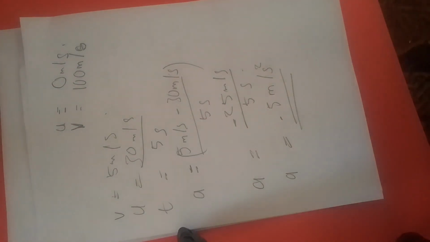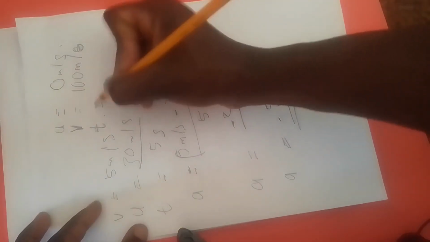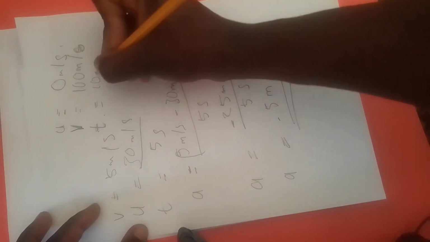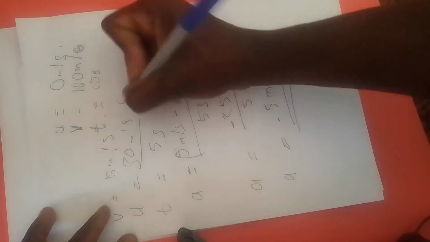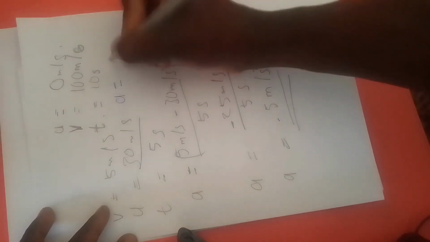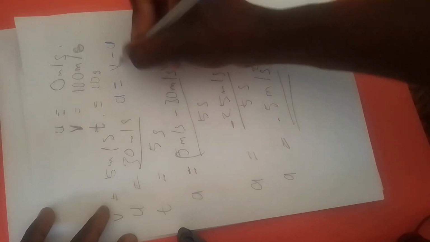All this happened in 10 seconds, which means t is equal to what? t is equal to 10 seconds. Okay, so now we need to find the acceleration. Easy peasy. According to the first equation, a is equal to v minus u over what?